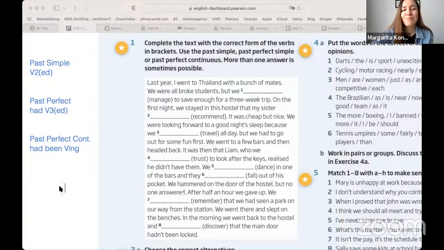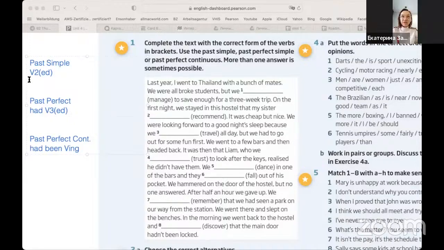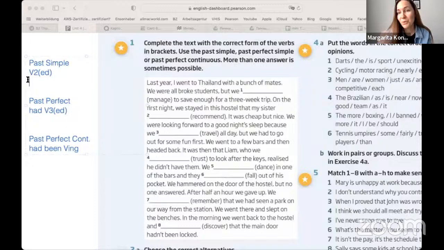Okay, let's also remember the situations we have to use these forms. So past simple, in what situation would you use it? The action in the past. Yes, one singular completed action, completed action in the past. Okay.